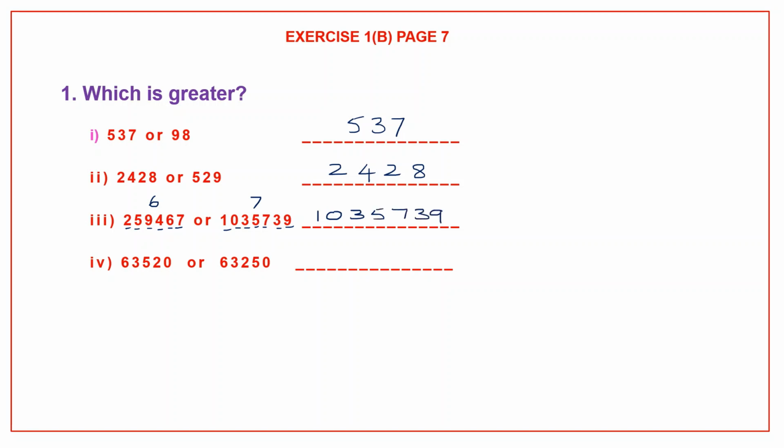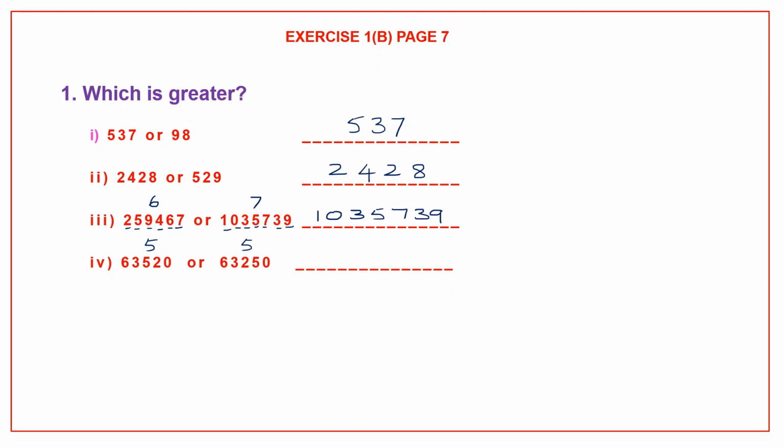So let's go to the next one, the fourth one, and let's see the number of digits. 1, 2, 3, 4, 5. This has 5 digits. 1, 2, 3, 4, 5. This also has 5 digits. So in that case, we have to check each digit starting from the left. That is when both the numbers have the same number of digits.